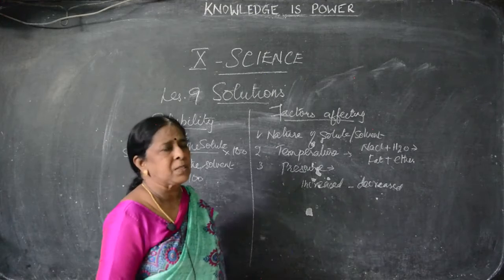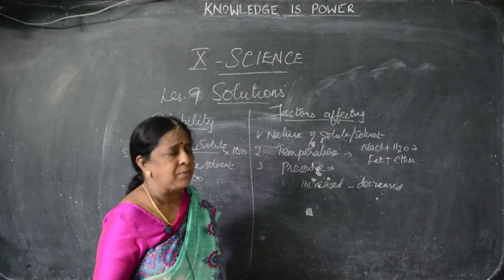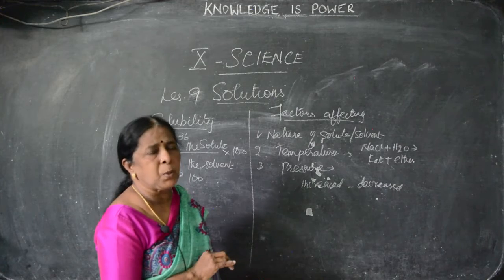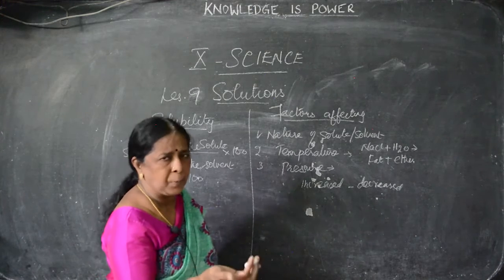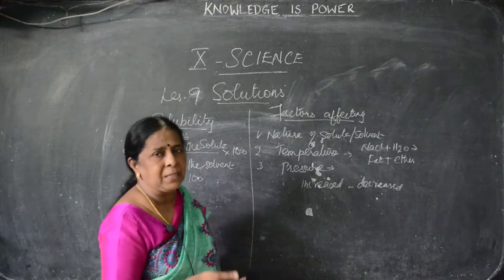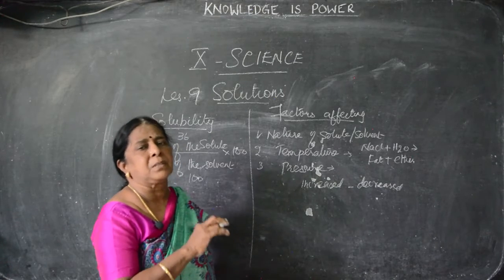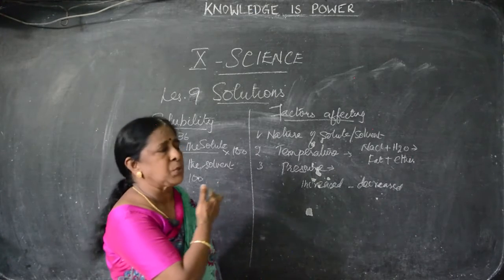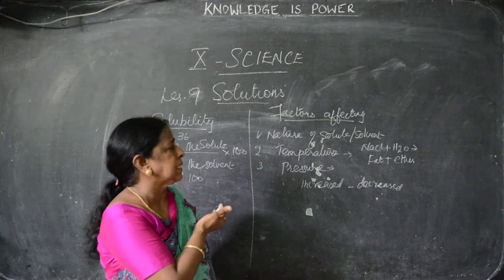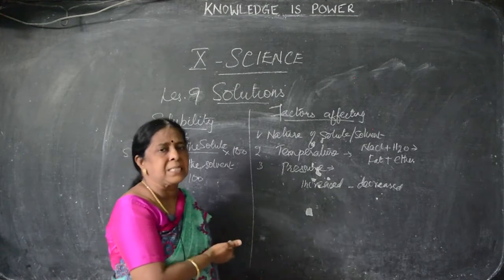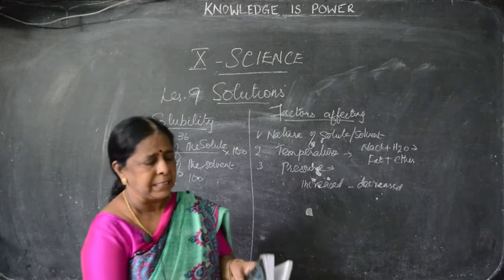So what are the factors affecting the solubility? Nature of the solvent: for example, sodium chloride is a polar solute, so the solvent is also polar, only water. If it is fat, it does not dissolve in water, we have to take ether. If the temperature increases, the solubility also increases. If the pressure is increased, the solubility will be decreased.